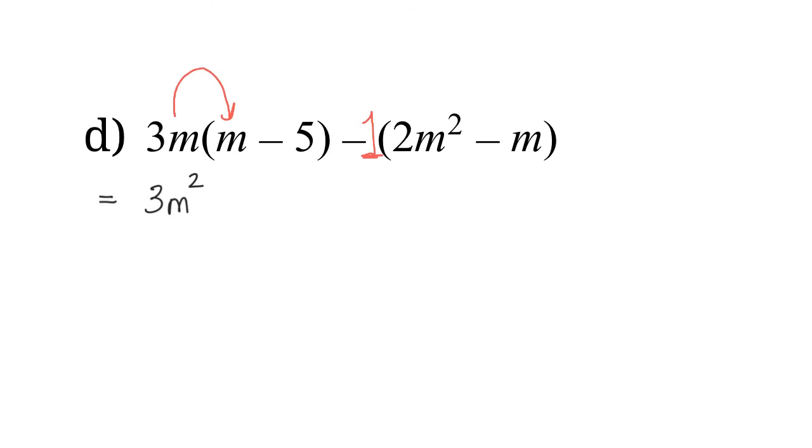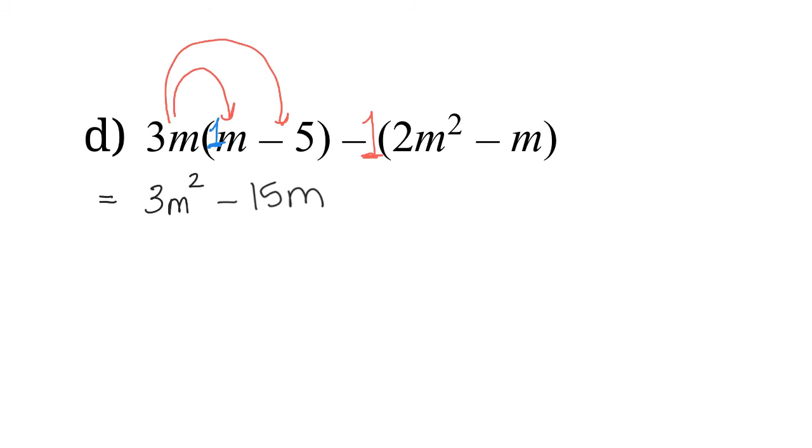Remember that in front of the m, there is a 1. So when you're multiplying, it's 3 times 1, which is 3, and m times m, which is m squared. And then you're going to go to the second term, 3m times negative 5, which is going to be negative 15m.